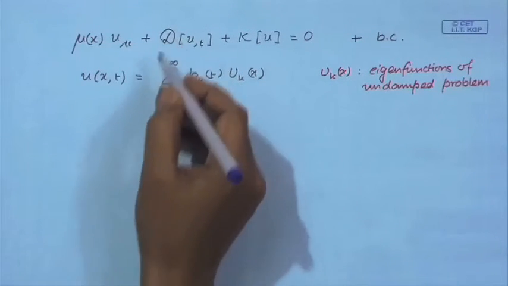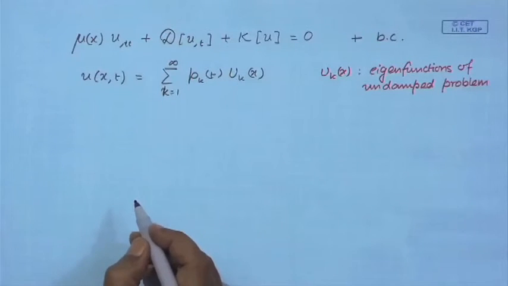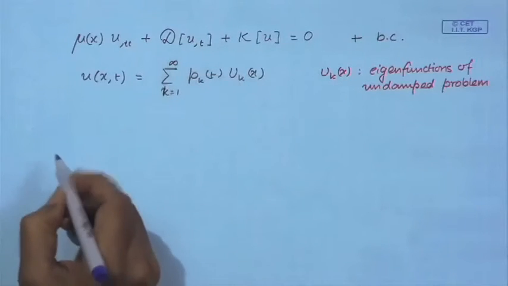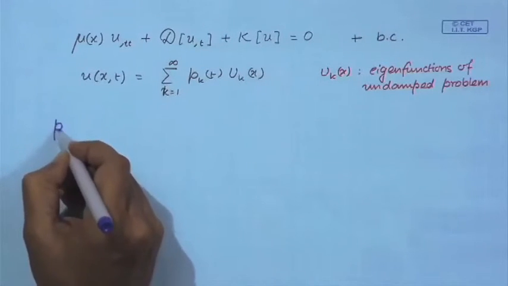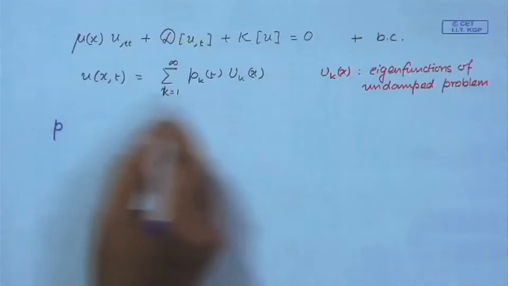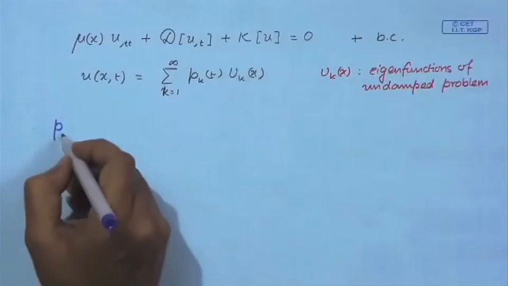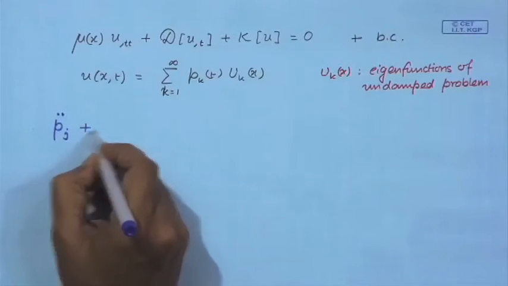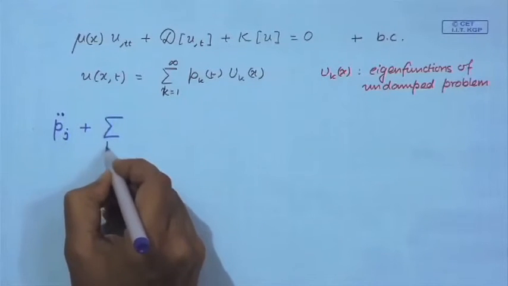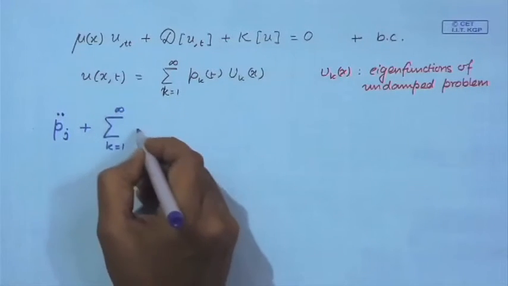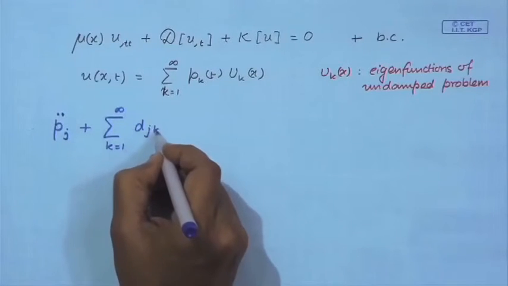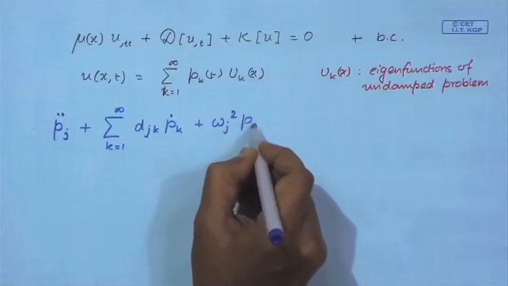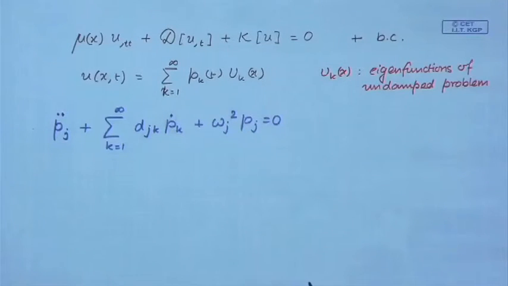So, when you substitute in here, and finally take inner product with the jth eigenfunction, what we obtain, these steps we have done many times before.